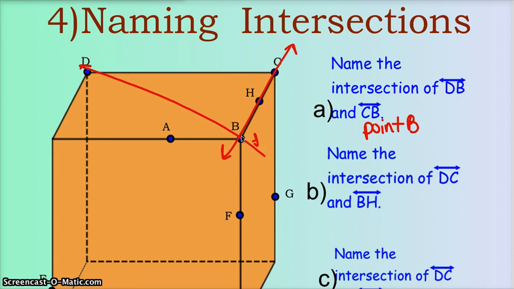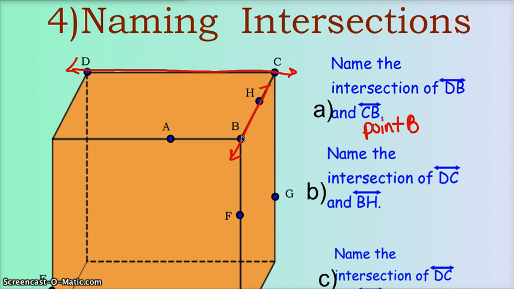So we need to know how to name points so that we can answer that question appropriately. Name the intersection of line CD and line BH. Thinking about a line as continuing forever, the intersection will be point C. Lastly, name the intersection of line DC and line AB.